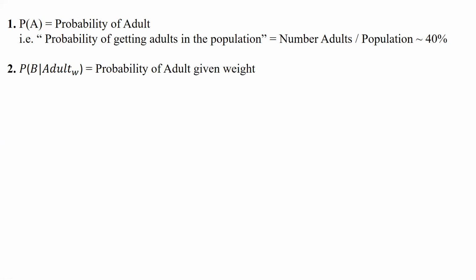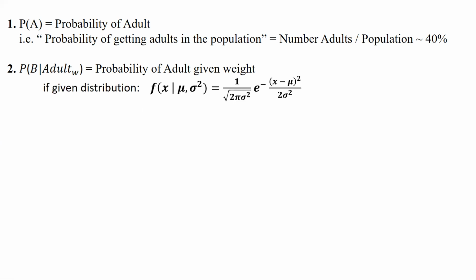Now, probability of getting a value of weight given that it's an adult. So how can we work this out? We take our equation, our Gaussian distribution. Remember, during training, we learned what the standard deviation and the mean was for adults in terms of weight.